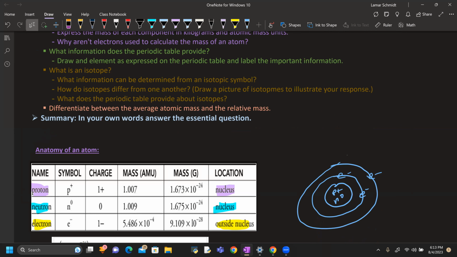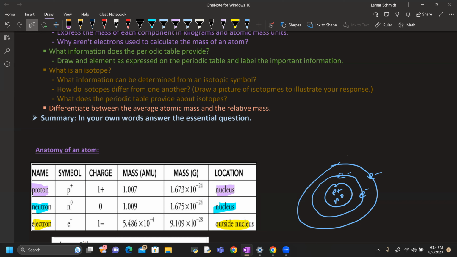While you're expressing those, I want you to understand there is a large difference in the mass of a proton and the mass of an electron, and a large difference between the mass of a neutron and the mass of an electron. However, protons and neutrons have a very similar mass.